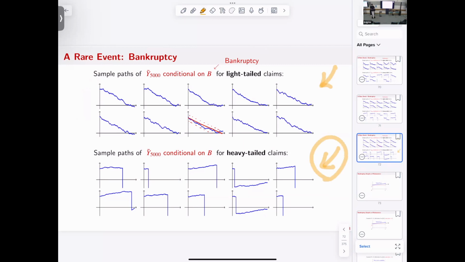We'll get there later. This light tail case is a manifestation of the theorem that I've just shown you. So here, C is the bankruptcy scenario. So C is B in this case, right? Yes, exactly. Sorry.